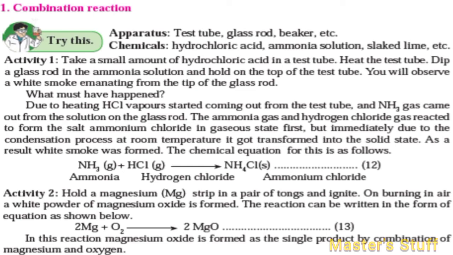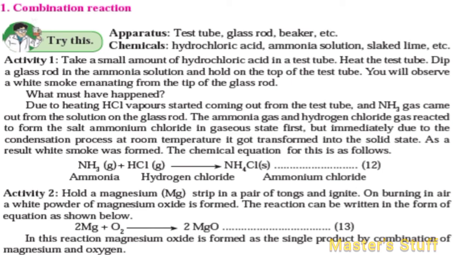Combination reaction. Take a look at equation 12. Ammonia reacts with hydrogen chloride and forms ammonium chloride. Here NH3 reacts with HCl and together form NH4Cl. Thus two reactants react to form the single product.